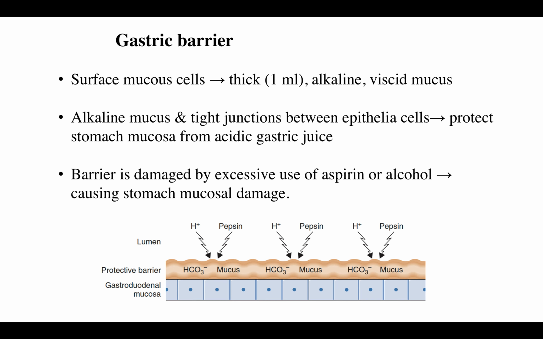So the mucosa is protected by this mucus barrier. On certain occasions, like ingestion of aspirin or alcohol, this barrier is damaged, resulting in digestion of the gastric mucosa by the gastric juice, and peptic ulceration takes place.